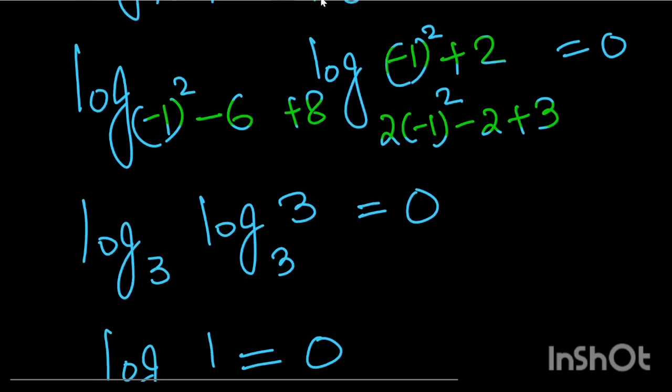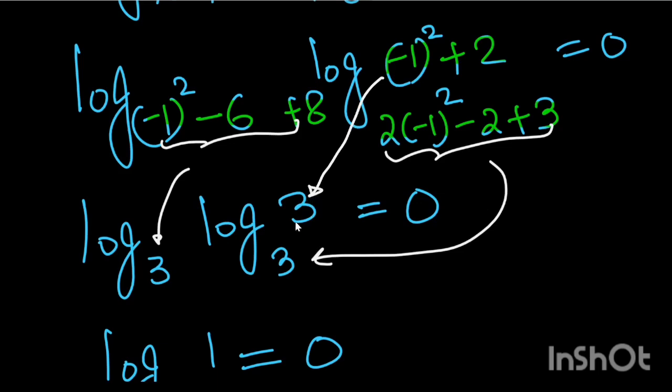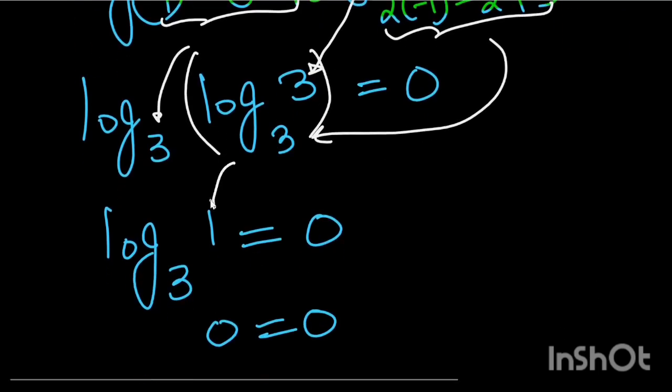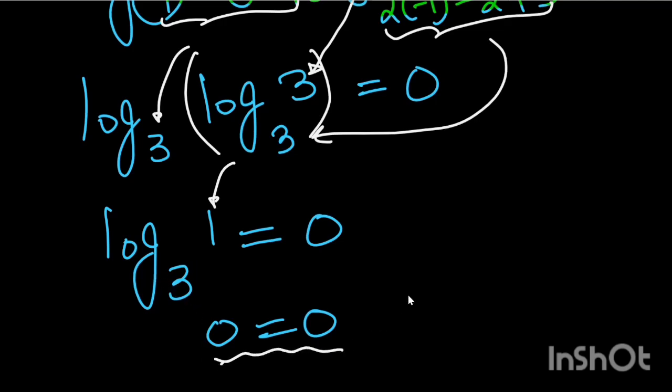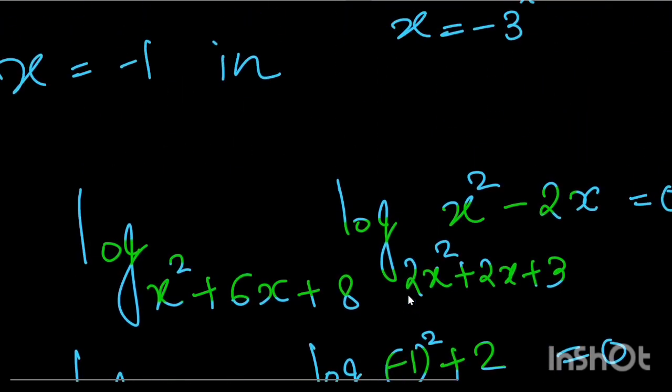The outer base will give us 3, the inner base will give us 3, and the inner argument will also give us 3. So log 3 base 3 is 1. Then the outer, log 1 base 3, is 0. 0 equals 0 is satisfied, and domain constraints are also met. So x equals minus 1 is the only root.